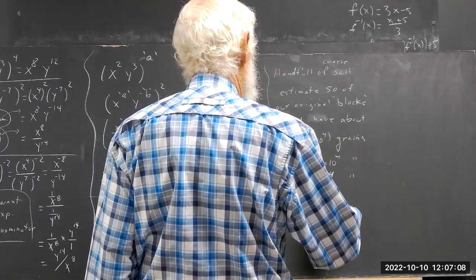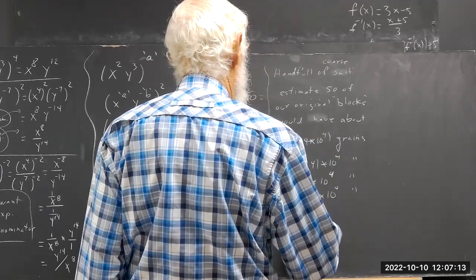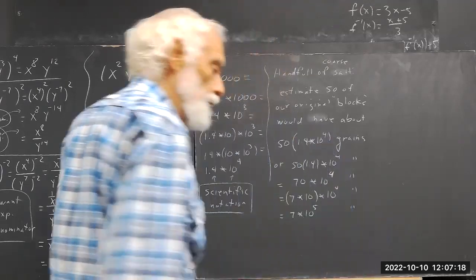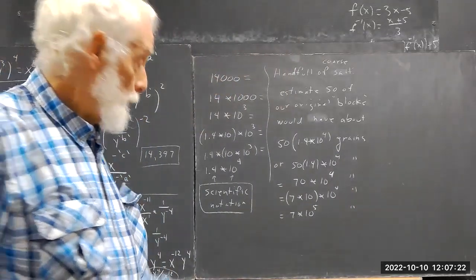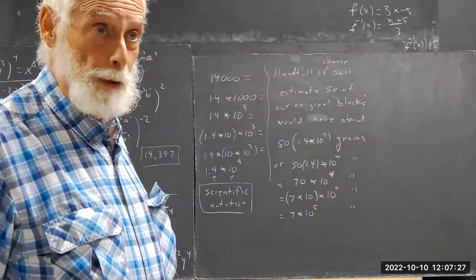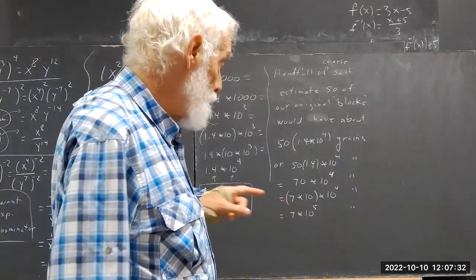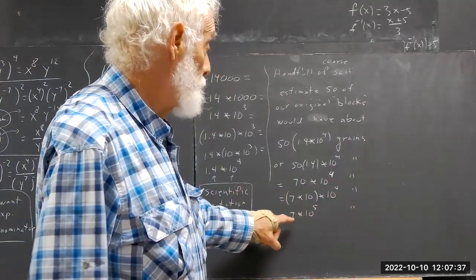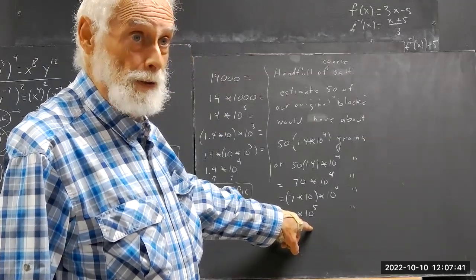That's 7 times 10 times 10 to the fourth grains, or 7 times 10 to the fifth grains. So that'd be 7 followed by 5 zeros, because 10 to the fifth has 5 zeros. Now a million has 6 zeros. We went to 8 times 10 to the fifth, 9 times 10 to the fifth, then 10 times 10 to the fifth wouldn't be all that much bigger than 7 times 10 to the fifth, right? And 10 times 10 to the fifth is a million.